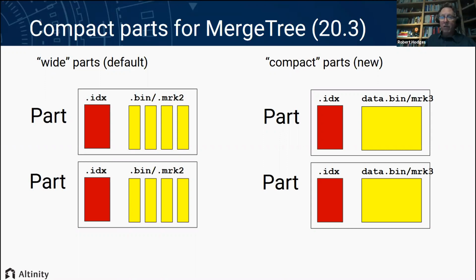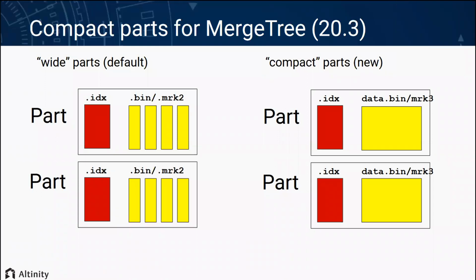The .bin is the compressed blocks, and the .mrk2 is the offsets into those blocks, which correspond to the index granules. What compact parts do is they have the same information, but they vastly reduce the number of files necessary to store it. This turns out to have major performance impacts. To dig into this more deeply, I'd like to turn this over to Alexander, who's going to talk a little bit more about the design as well as the performance of compact parts.